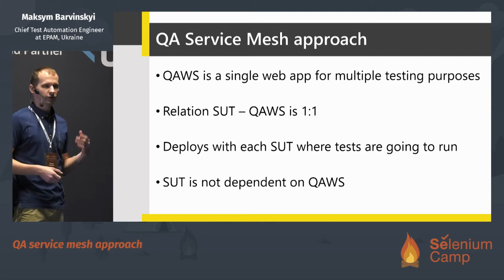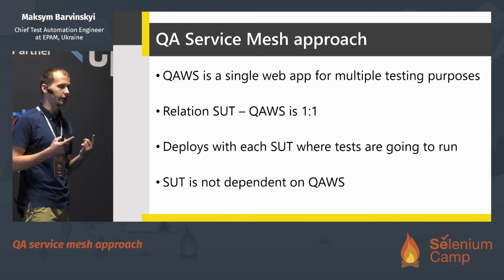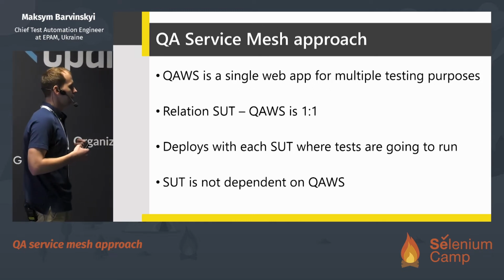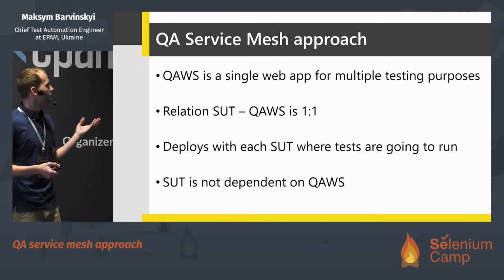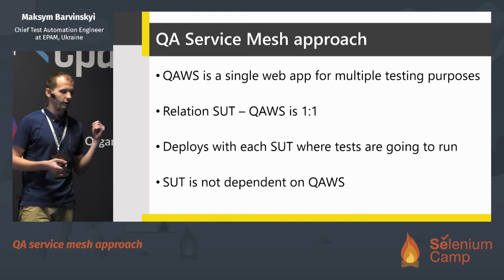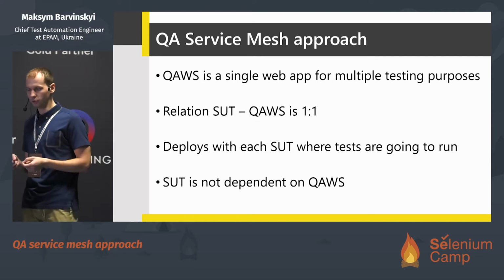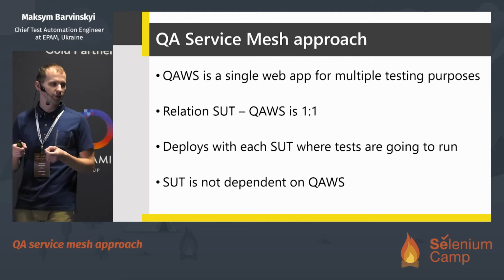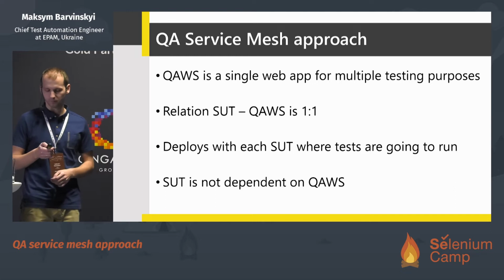Its relation to the system under test is always one-to-one. You have to guarantee it. And deploy it in the same container, same server where the system under test is deployed. And also, you have to make sure that the system under test doesn't know anything about the QA web service.